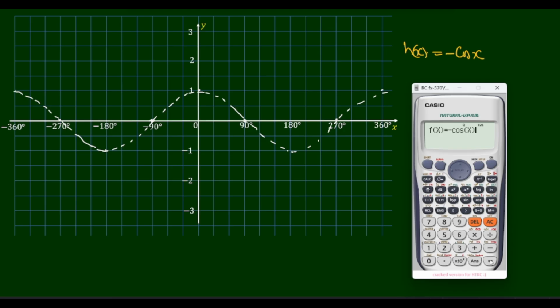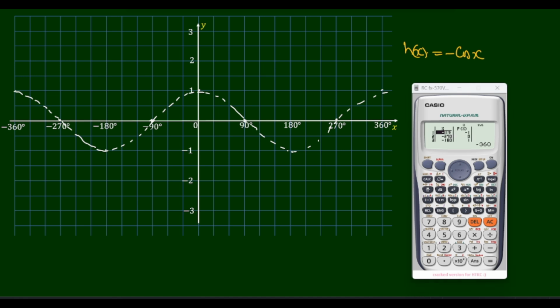Let's say start -360, and then equals, and then end 360, and then equals, and then step is every 90 degrees, so our step is 90 degrees, and then press equals, right? You see that. And then at -360 we have -1.